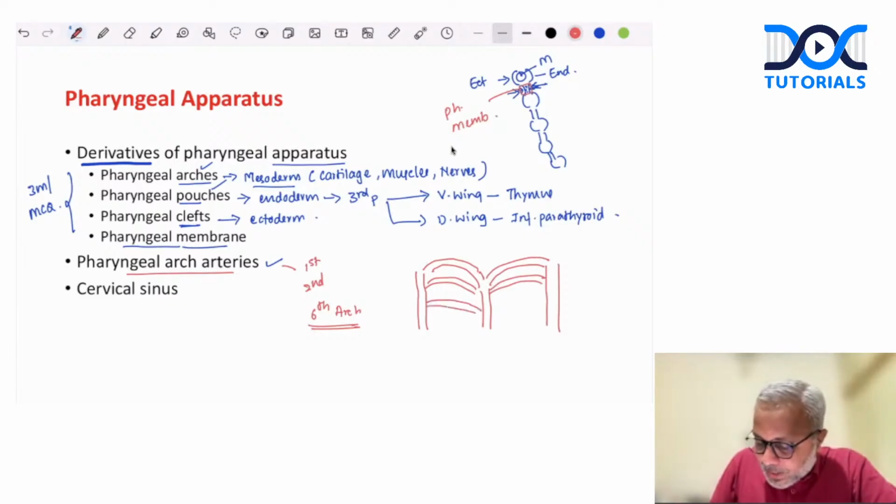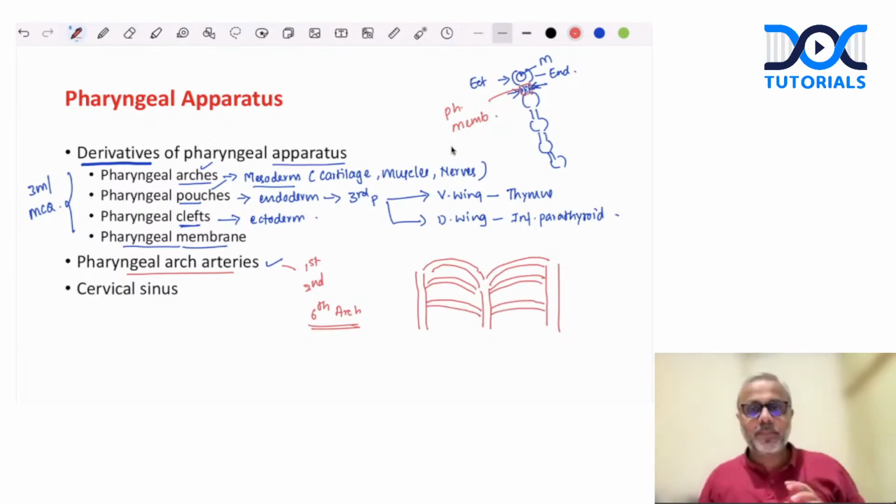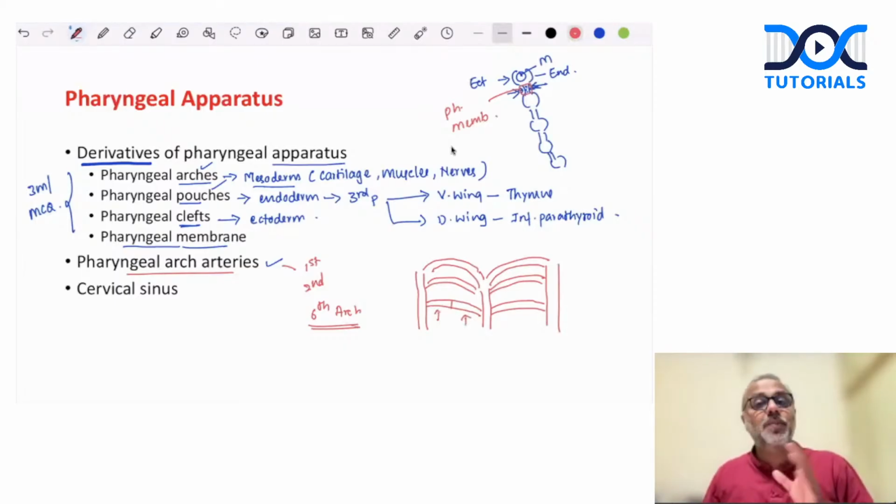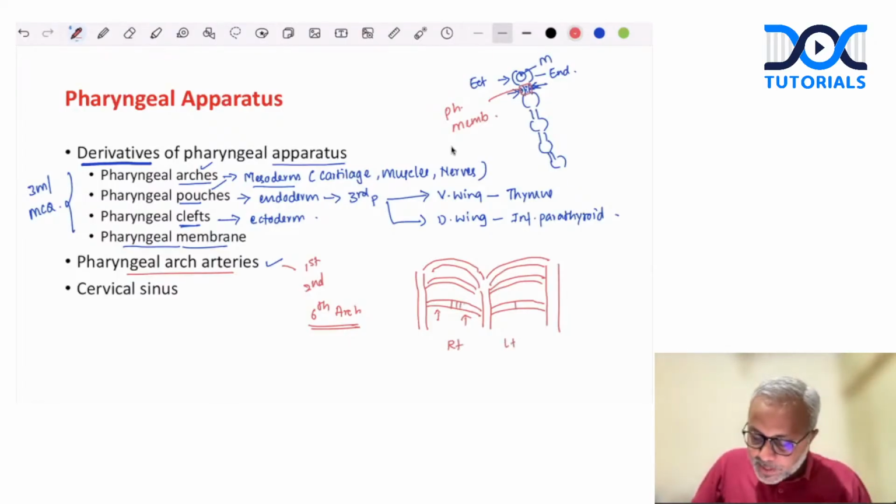So let's imagine this is the 6th pair arch artery, right? Now, what happens to the distal part? What happens to the proximal part is very important. On the right side and the left side, the proximal part develops into pulmonary arteries. So the right and left proximal 6th arch artery will give rise to what? The right and left pulmonary artery.